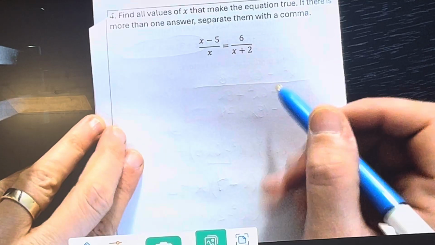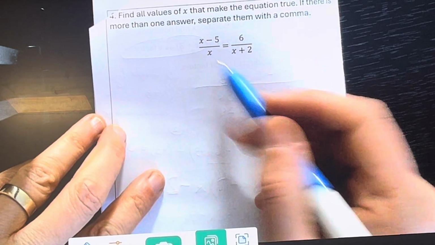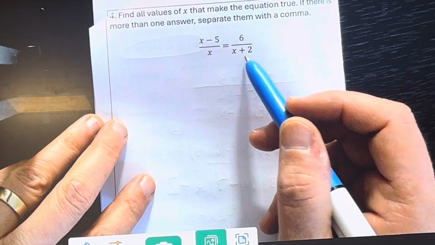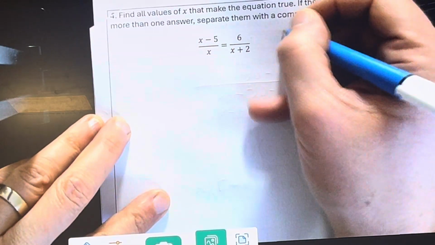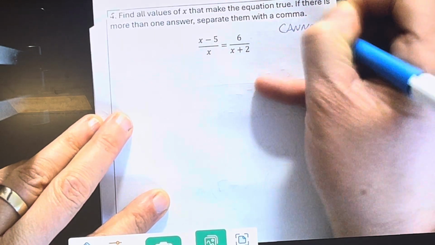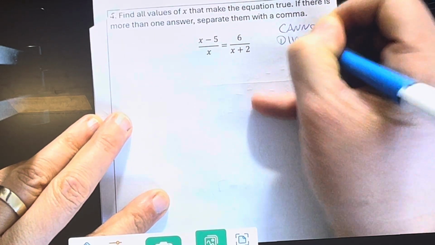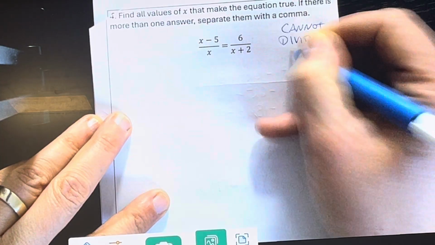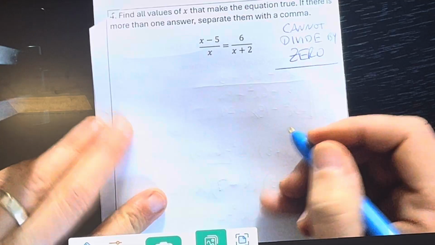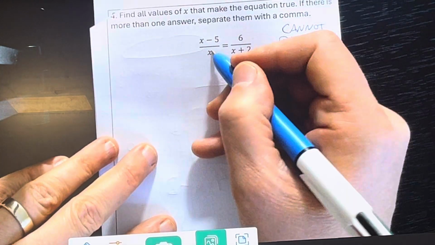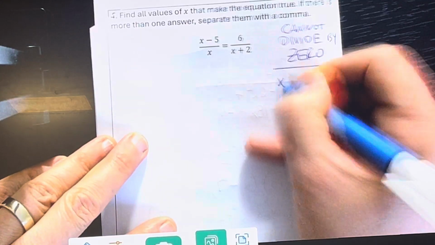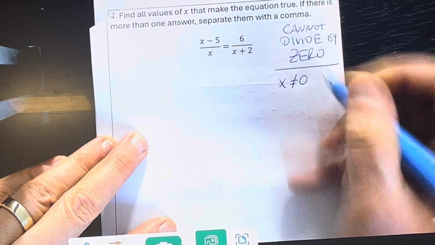Okay. Before we figure out what x equals, let's make sure we know what x cannot equal, because we cannot divide by 0. So because of that, we can't let the denominator equal 0, so x cannot equal 0.